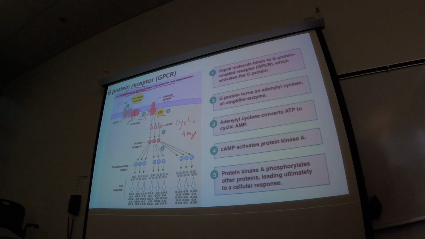These cyclic AMPs will then activate these protein kinase A's. And protein kinases are enzymes that essentially just add a phosphate group to enzymes or other proteins. That's all they do. They take a phosphate group and plop it onto a protein. That's all a kinase does.